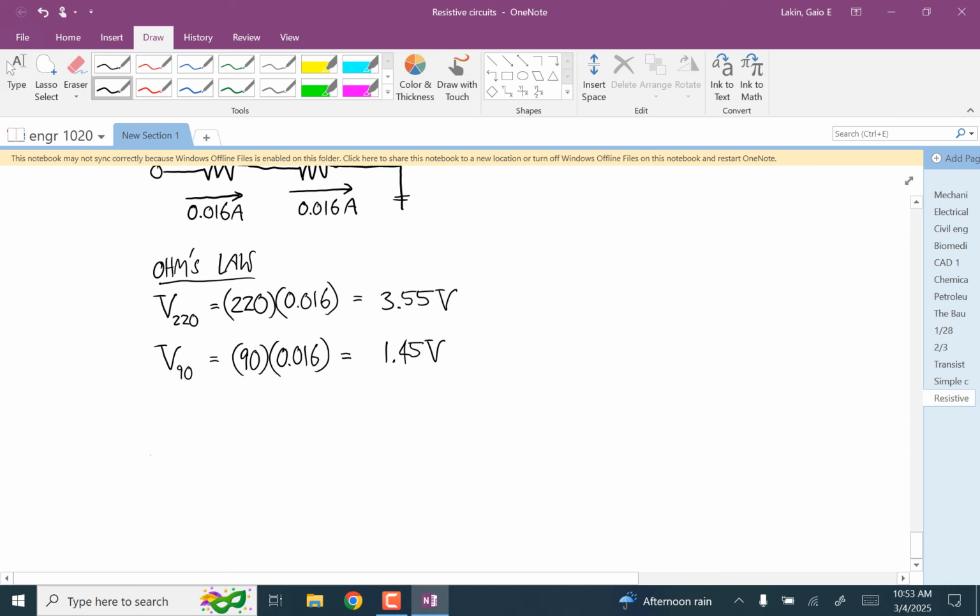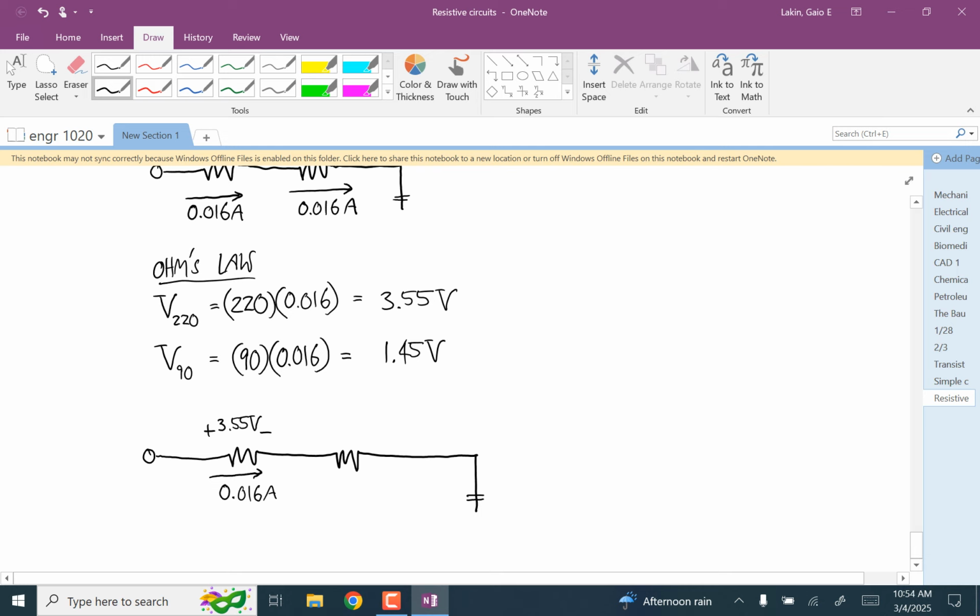So if I write this whole thing out again, this one has a current of 0.016 amps and a voltage of 3.55 volts there.